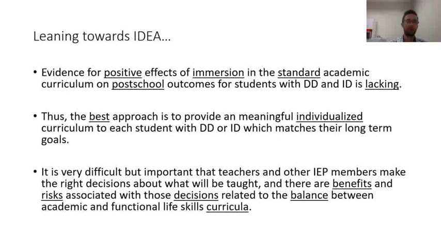So it's really critical that the right decisions are made about what to teach. And there are benefits and risks associated with those decisions related to the balance between academic and functional life skills curriculum.